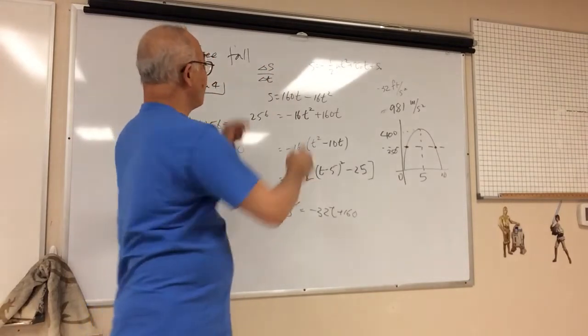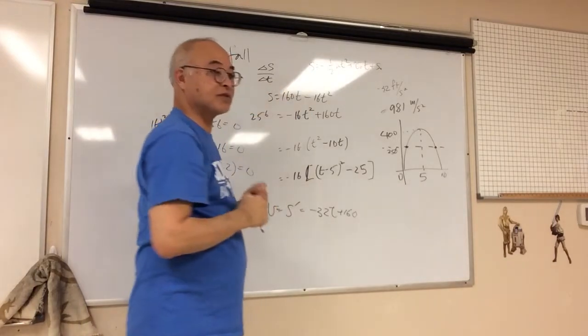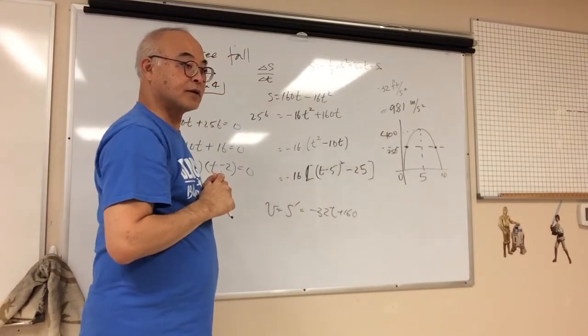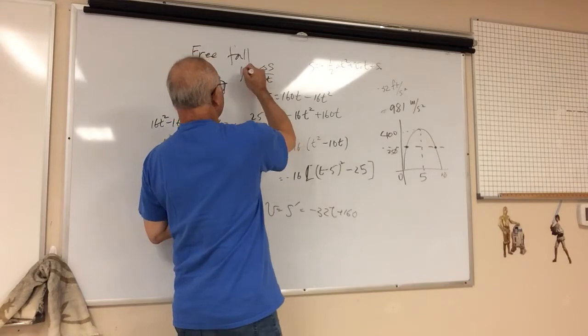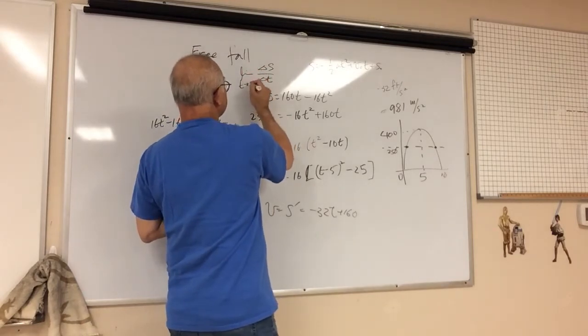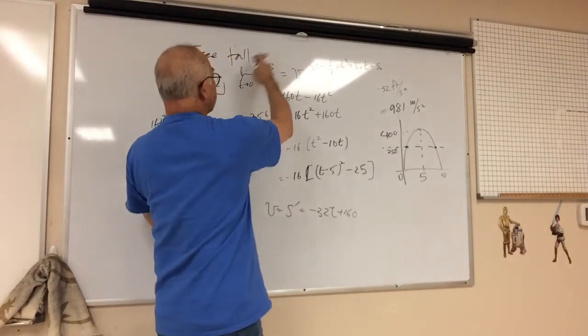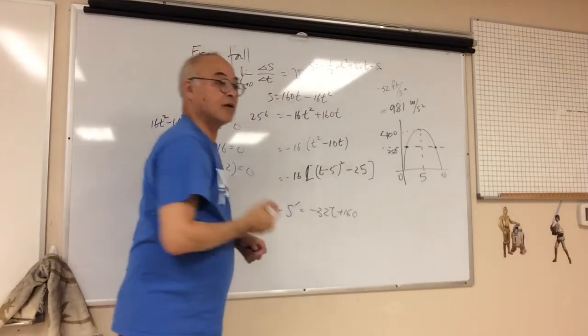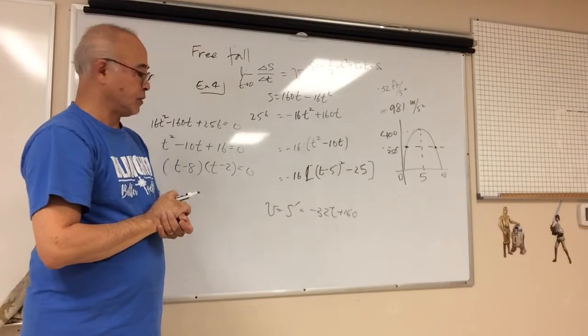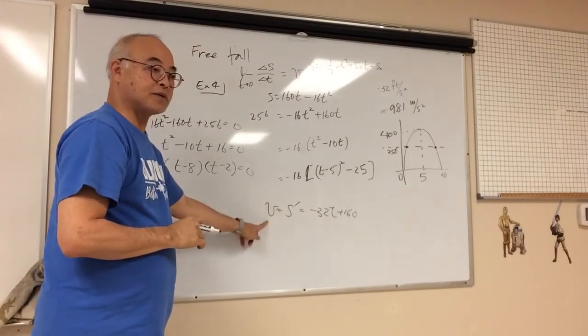How far did you go in how much time? So basically, if I take the limit as delta T goes to 0, this becomes V, which is the derivative of S. Okay, so that's why that happens there.